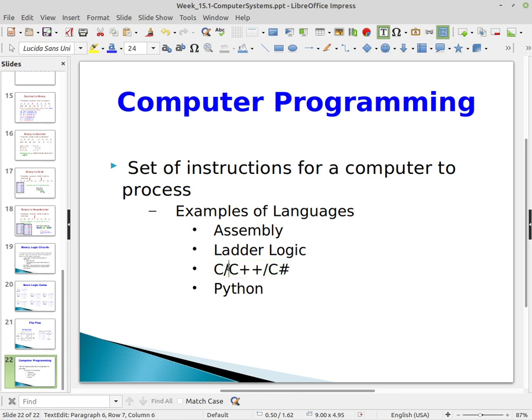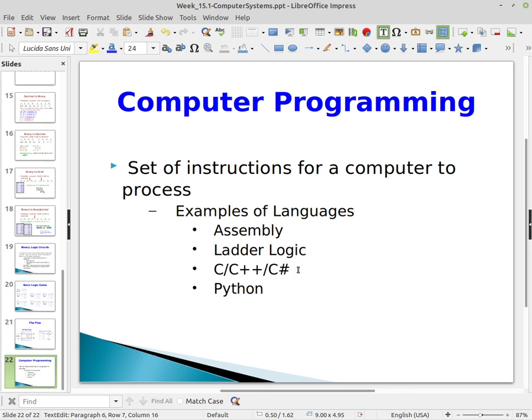So we have C, and they have C++, which is an object addition to the base C language, and then they've also extended that to C#. They actually had C++ with a plus below it, and somebody said, hey, that looks almost like C#.